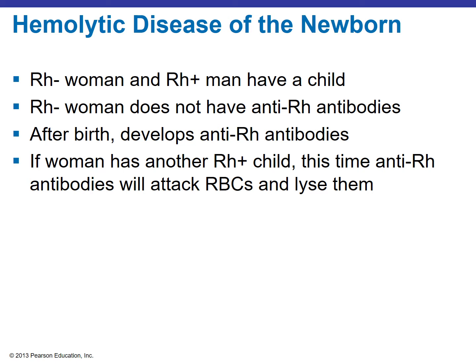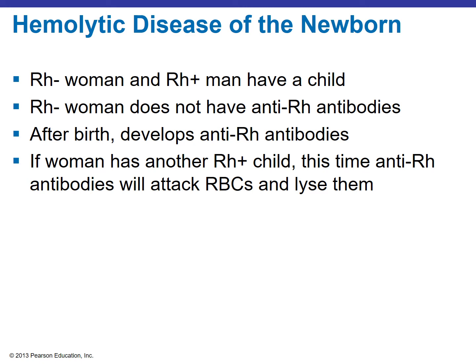Rh positive means that you have the antigen. Rh negative means that you do not have the antigen. If you are Rh negative, you do not have anti-Rh antibodies, but you would develop them upon exposure to the Rh antigen.